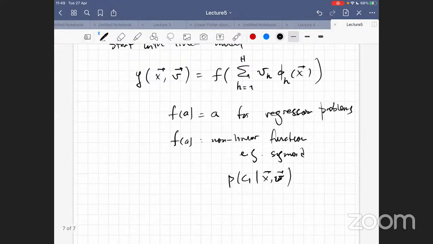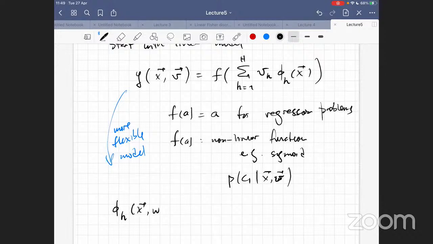So if I want to have a more flexible model, then I am allowing this guy to be not a simple function of the input, but a nonlinear function of the input.